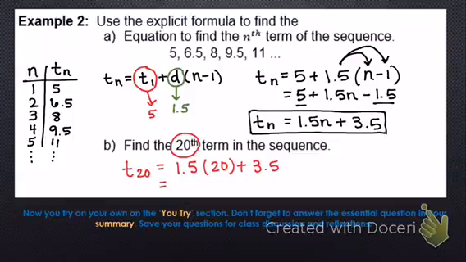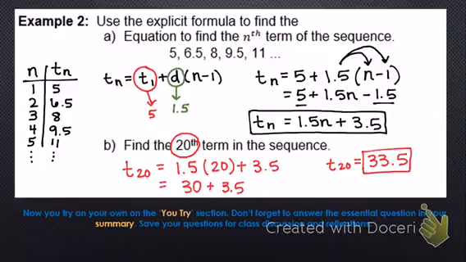So 1.5 times 20 equals 30, and then if we add our 3.5 to that, we are going to find that our 20th term is equal to 33.5. And we did that without having to continue that pattern up until our 20th term. So our answer to part B is 33.5.